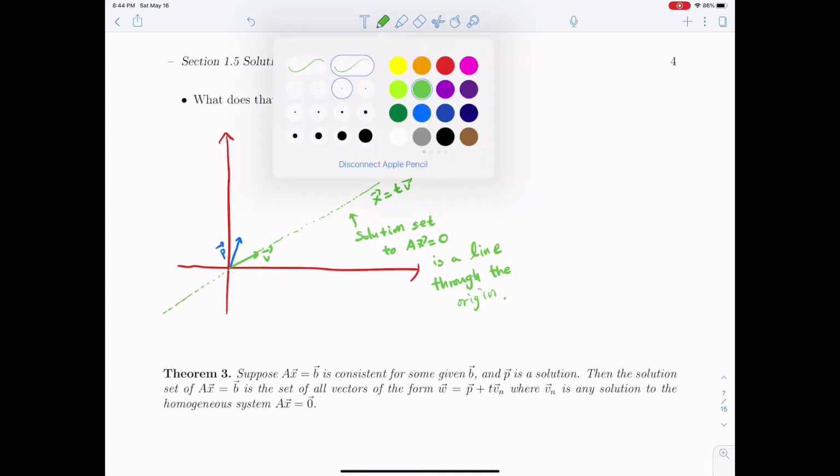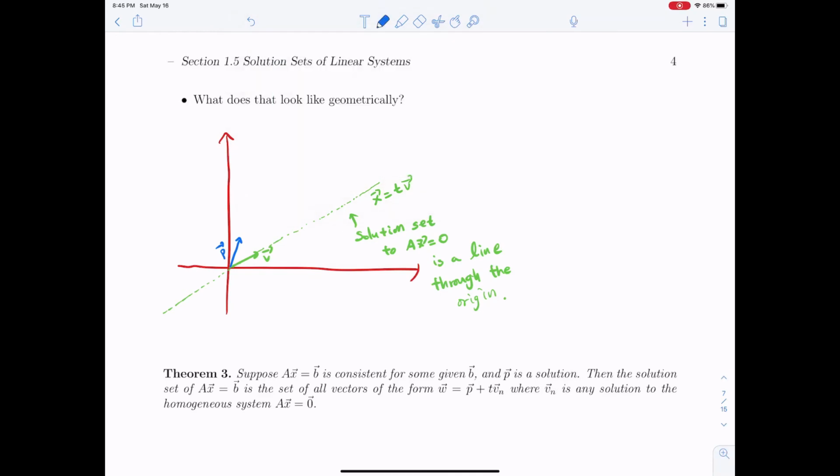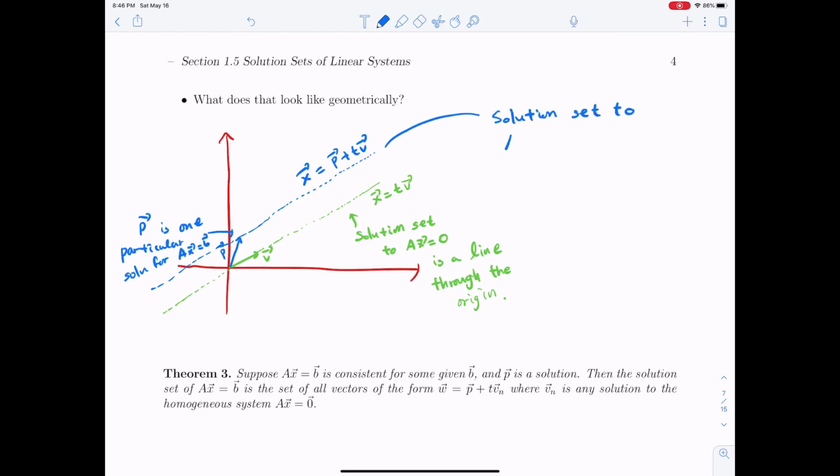And if you add p to the solution set of the homogeneous equation, then we get a line translated but parallel to the original one. So this is the graph of the set of vectors x equals p plus tv, where p is one particular solution of the non-homogeneous equation, and the solution set to Ax equals b is a line parallel to the line passing through the origin.